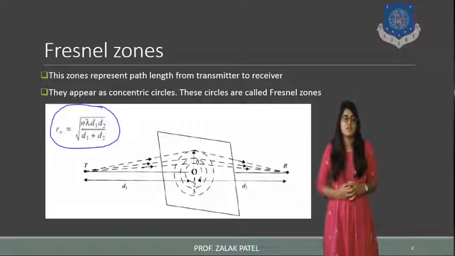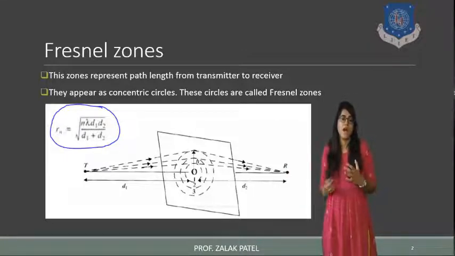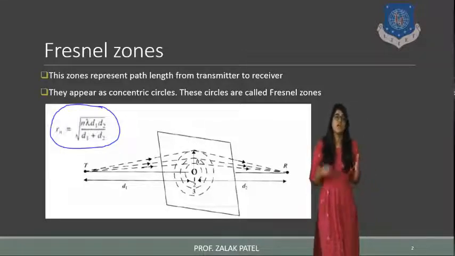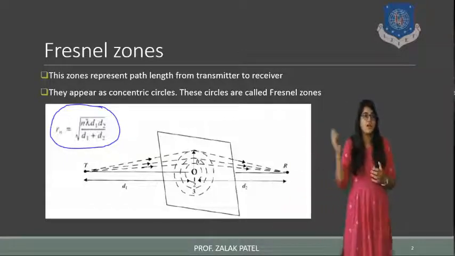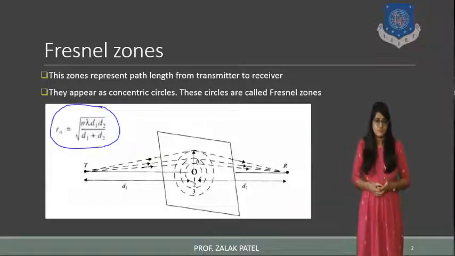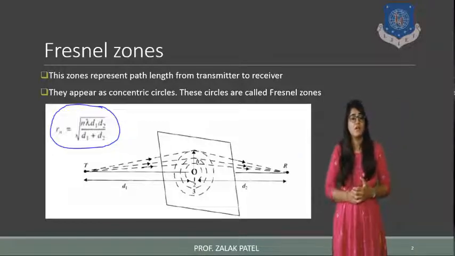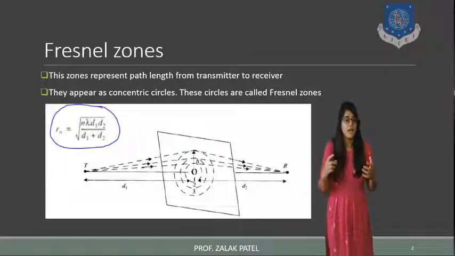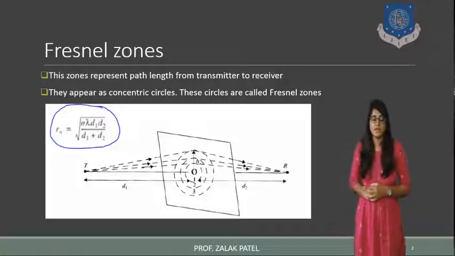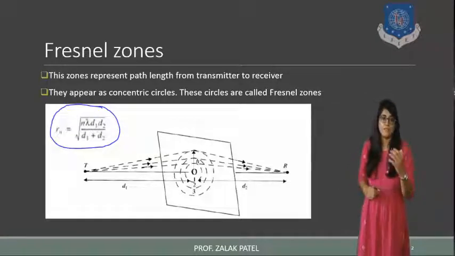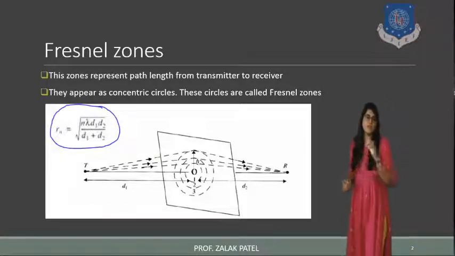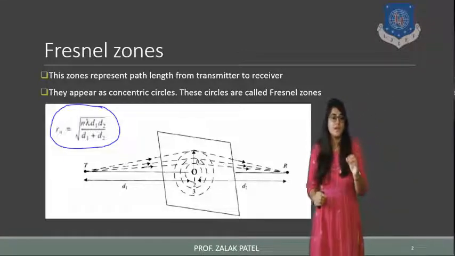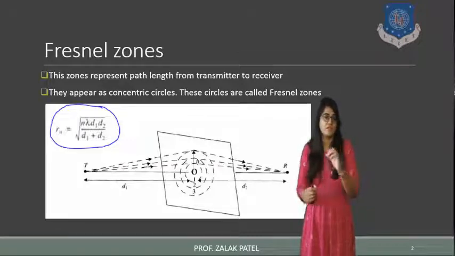Actually, the radius of this concentric circle is represented by small r, and it depends on various parameters: the distance from transmitter to obstacle, the distance from obstacle to receiver, the wavelength on which it operates, and the number of the circle. If we consider that there are a total of n circles for a generalized formula, then the radius of the nth particular Fresnel zone circle is denoted as Rn.